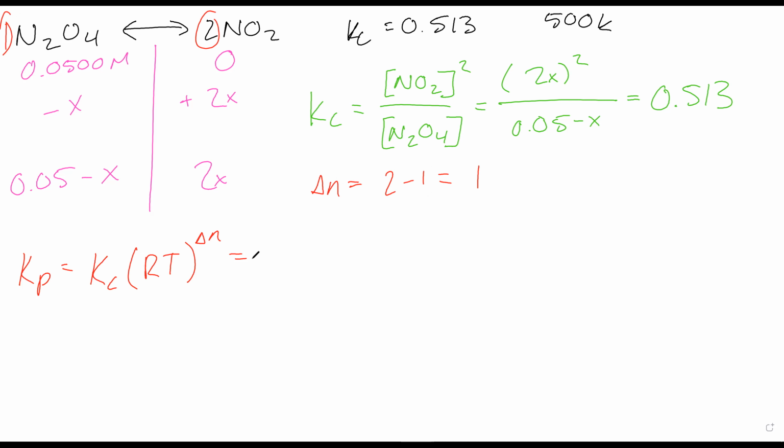First plugging in my numbers gives me 0.513 times R, 0.08206, times temperature in Kelvin. They gave it to me in Kelvin, so I'm just going to use it, to the power of delta n, which is 1.